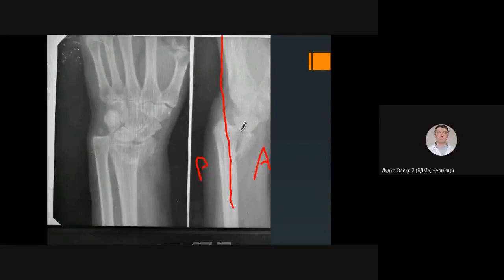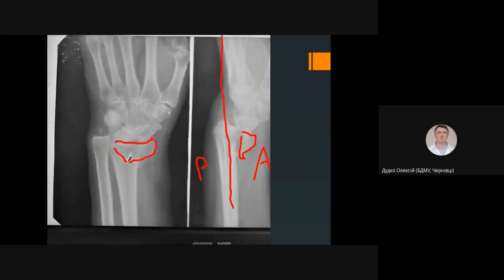So we also have a bone fragment, perhaps two of them, which are displaced to the anterior side. We also can see that there is depression of articular surface together with these bone fragments, and actually this part of radius is shorter than normal.